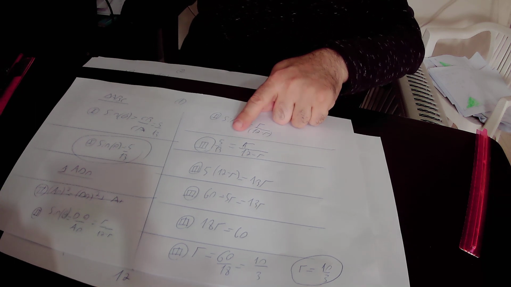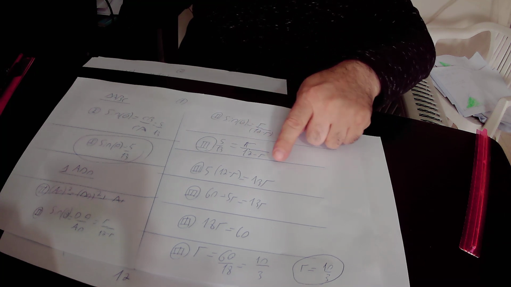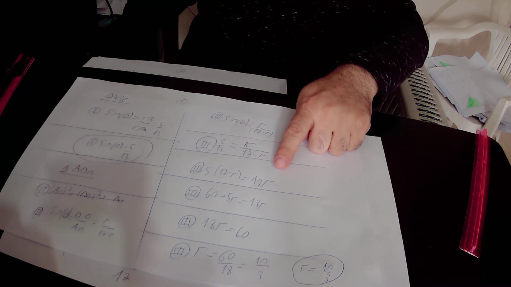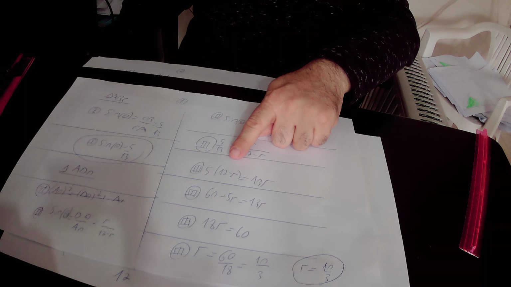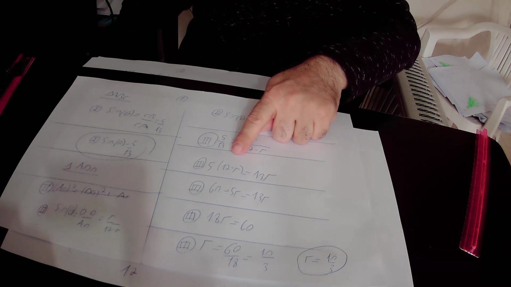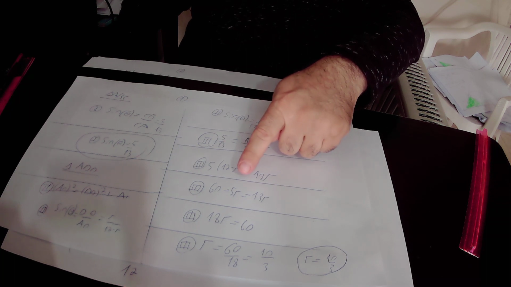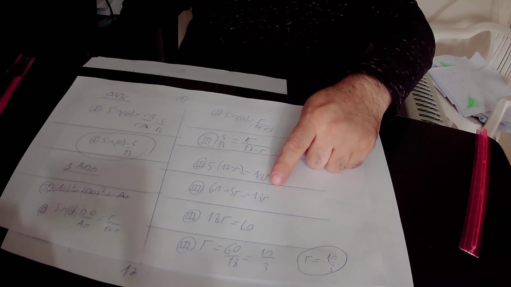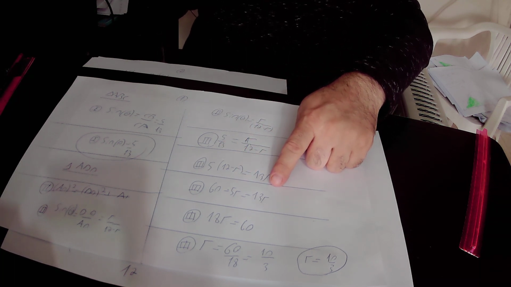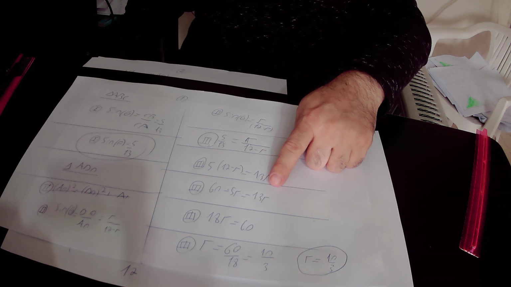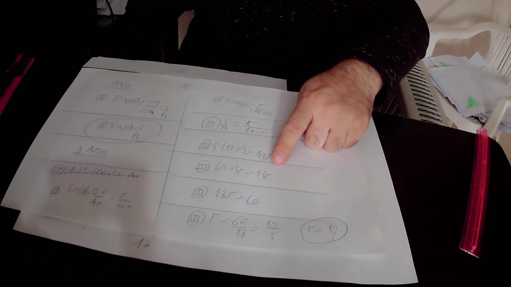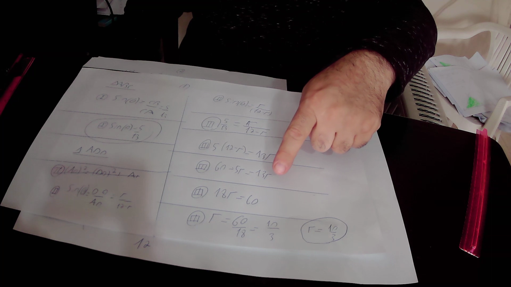So we cross multiplied equation number 3, and we got 5 times 12 minus R equals 13R. We opened the brackets, and we got that 5 times 12 is 60, and 5 times minus R equals minus 5R. We added 5R to both sides, and we got 13R plus 5R is 18R. So 18R equals 60.